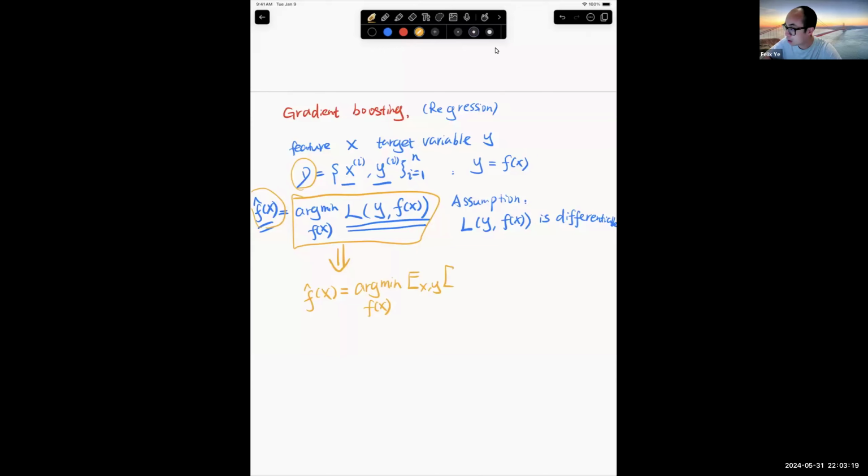So basically, we take the expectation over the distribution of x and y.